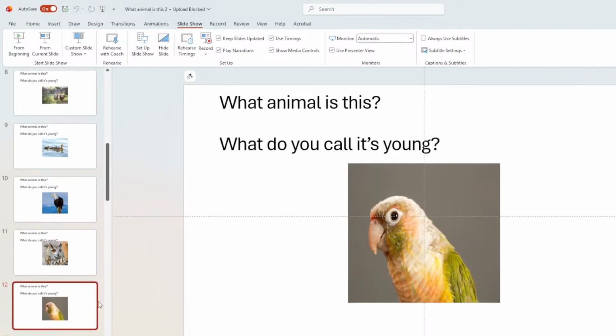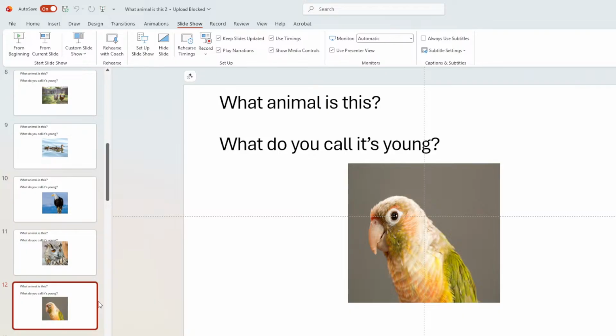Now we have another one there. We have a new one. It's still a bird. What name do you give to that bird? The new bird on your screen.